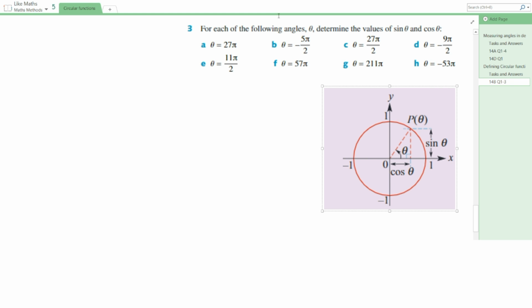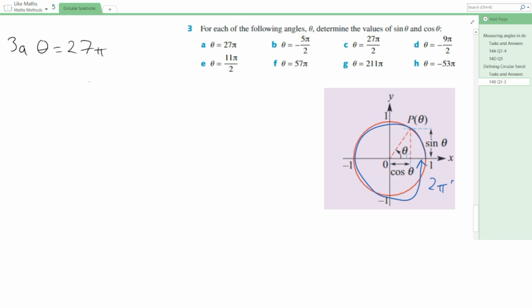So, question 3a, where theta is 27 pi. We know a full rotation is 2 pi radians.